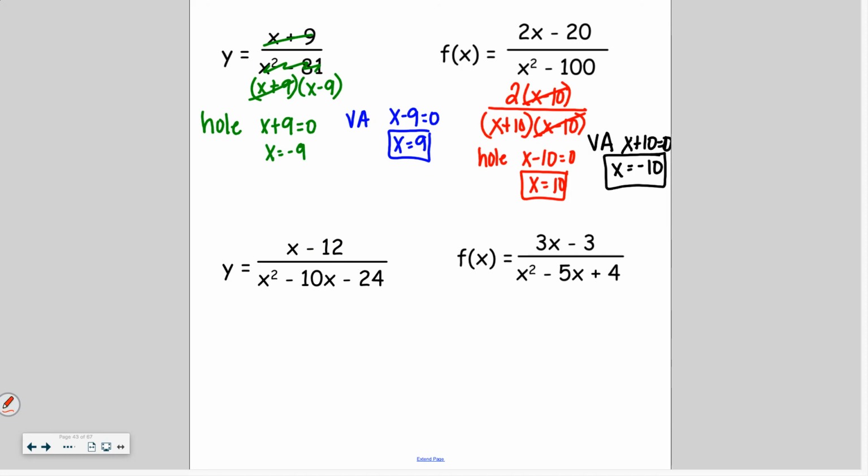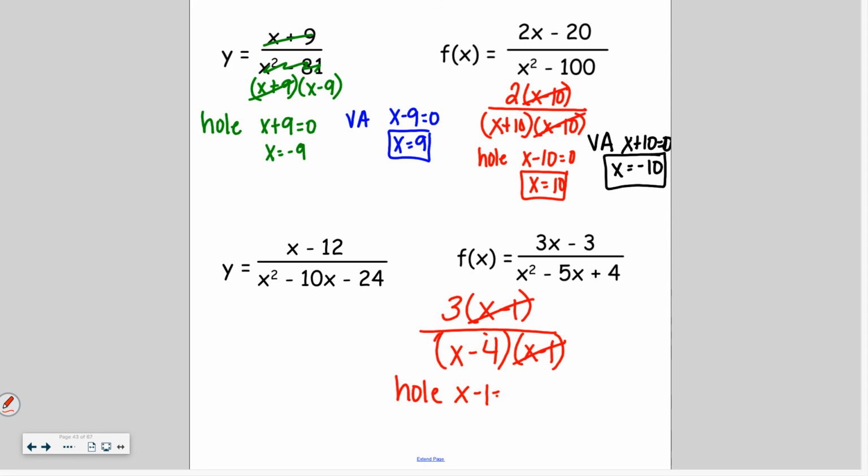All right, so we factor. On the top we get 3 and then x minus 1. And then x minus 3. Sorry, that's 4, not 3. And then x minus 1. What cancels? The x minus 1. So we have a hole where x minus 1 equals 0, so that would be where x is equal to 1.